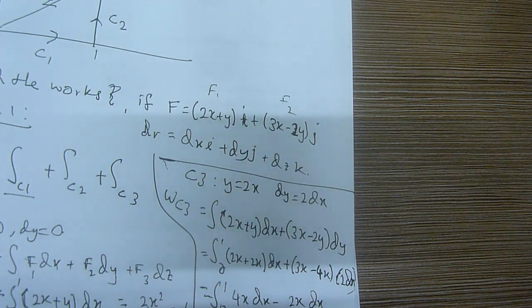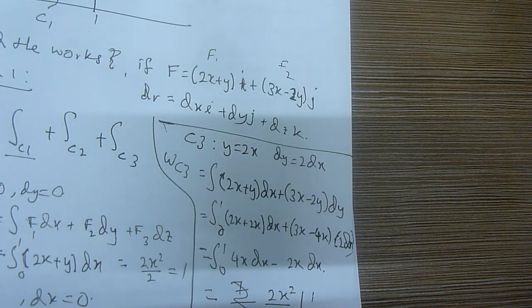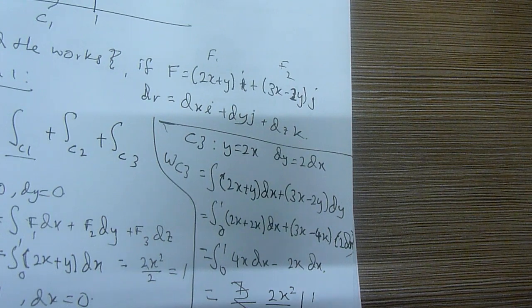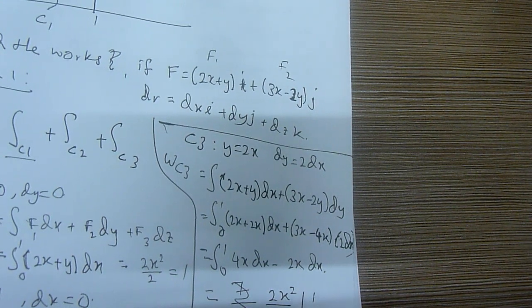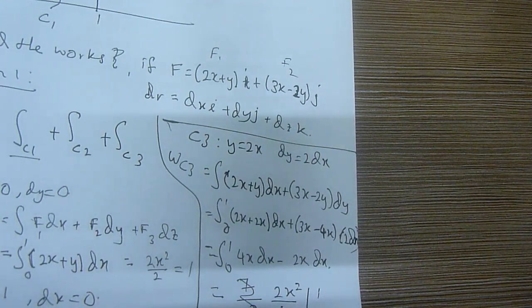Okay, then the answer that I am getting here is 1 over 2. The combination that I get here is 1 over 2, is it a correct answer?